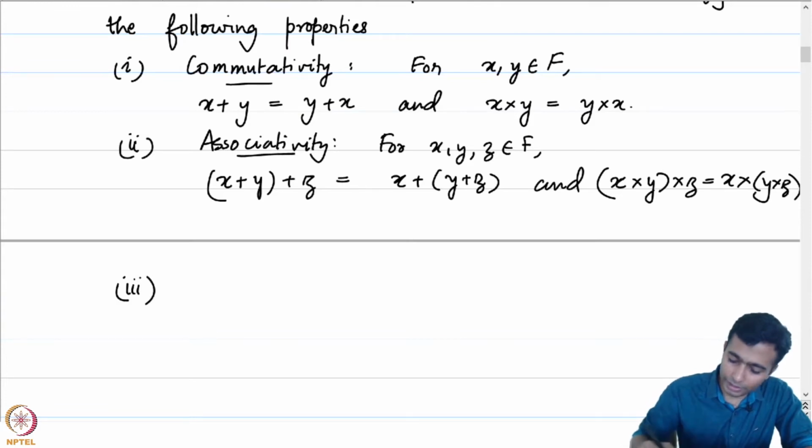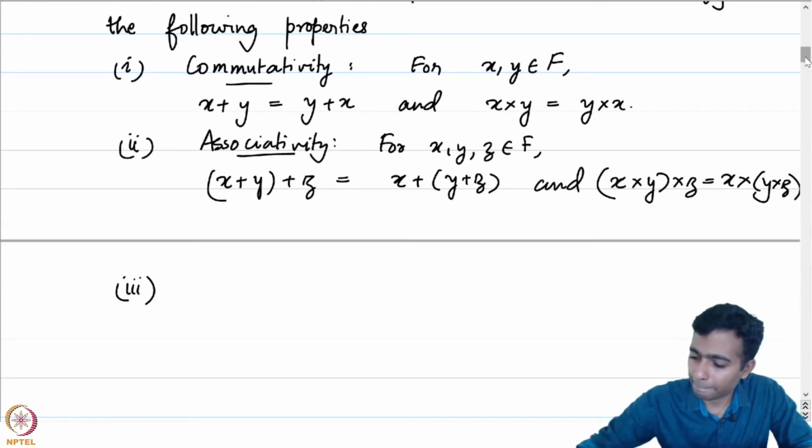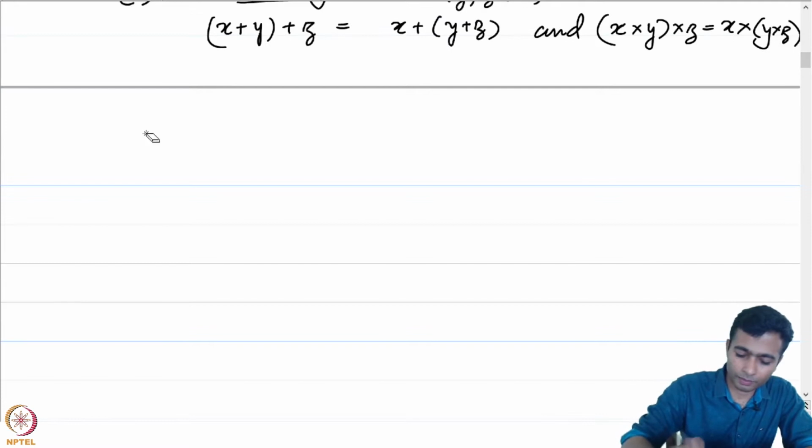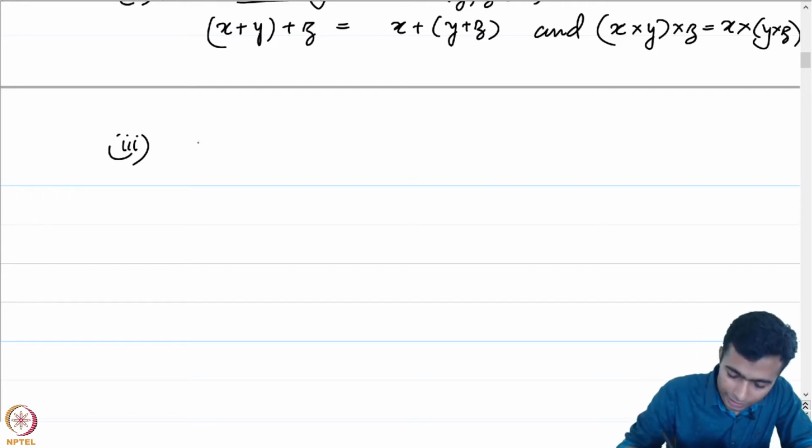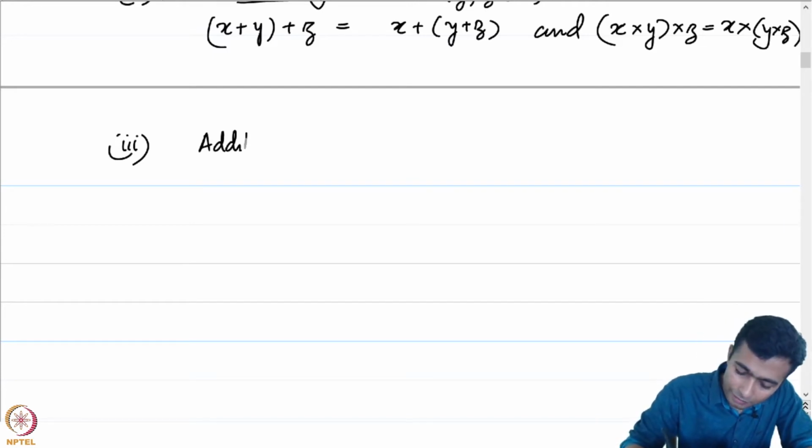The third property is existence of additive and multiplicative identities.